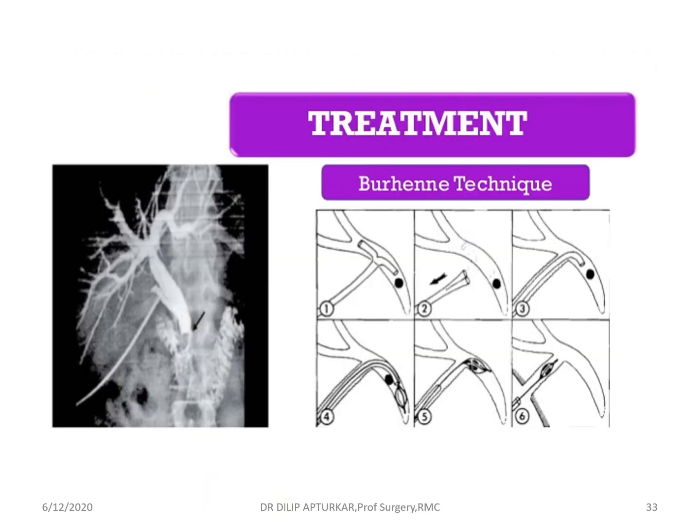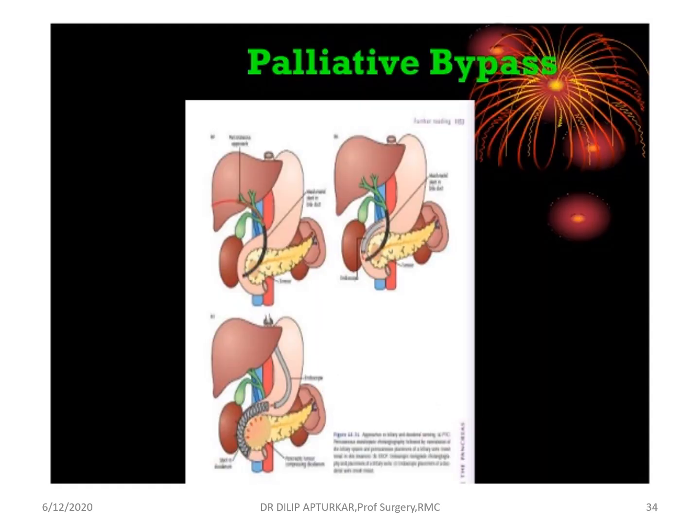That is removal of stone after putting a T-tube drainage which forms a track, and then choledocoscope is used to remove the CBD stone by Dormia basket. That is Mirizzi's technique. This is a palliative bypass either through PTC if it is proximal, or if it is distal, one can go with ERCP stenting.